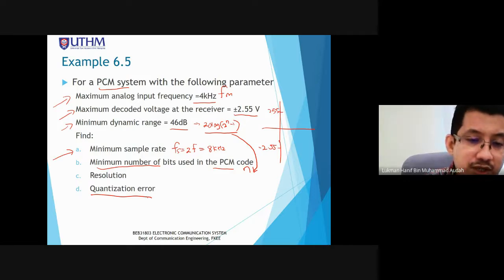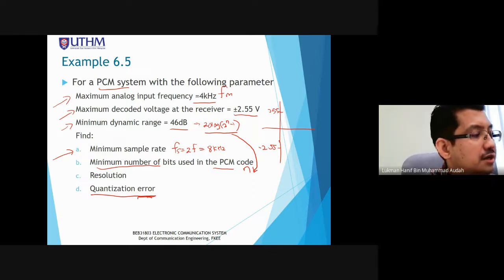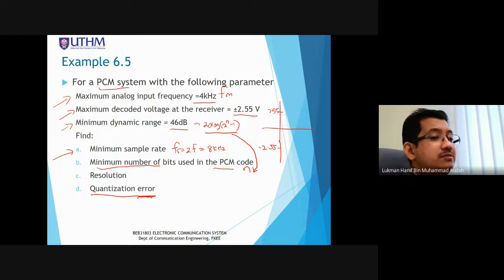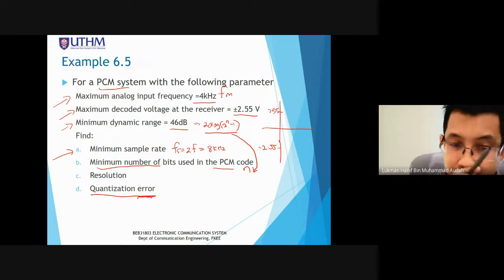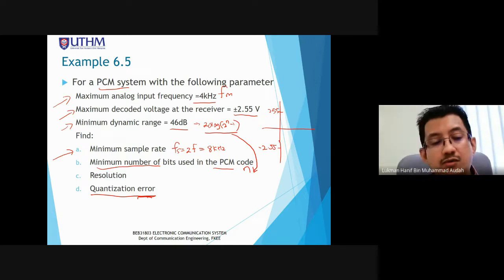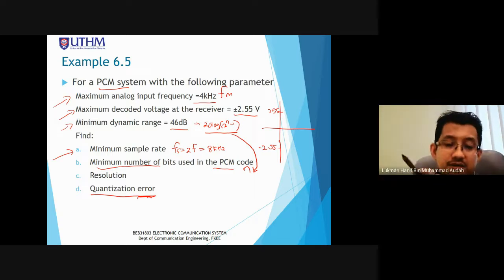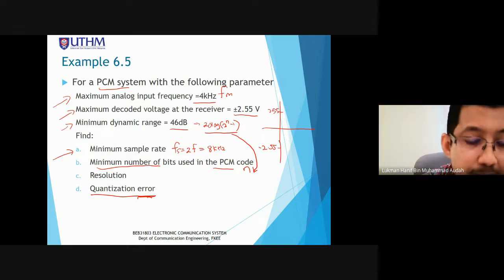Tetapi soalan ini umum, general, bermakna dia bertanya berkenaan dengan how much is the maximum quantization error. Okay. Kita tak pergi kepada one by one. Tadi kita lihat quantization error itu berlaku pada setiap sampel. Okay. So dalam kes ini, dia sebenarnya bertanya tentang maximum quantization error.